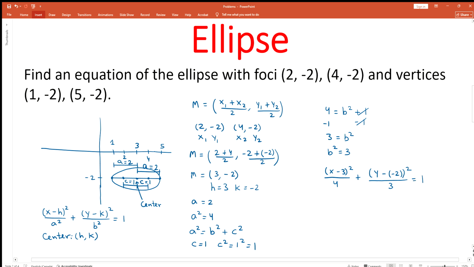We can simplify this equation. y minus negative 2 is equal to y plus 2. This should be the final answer for the equation of this ellipse.